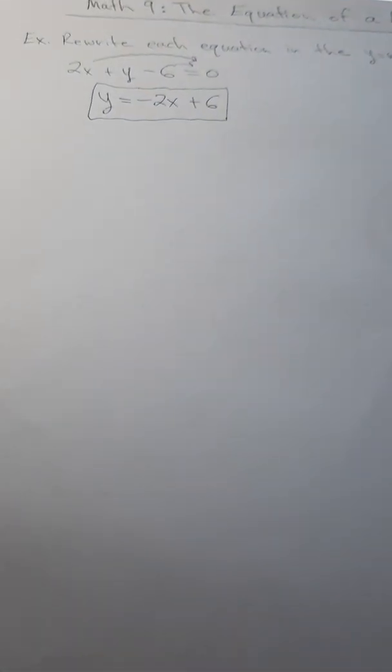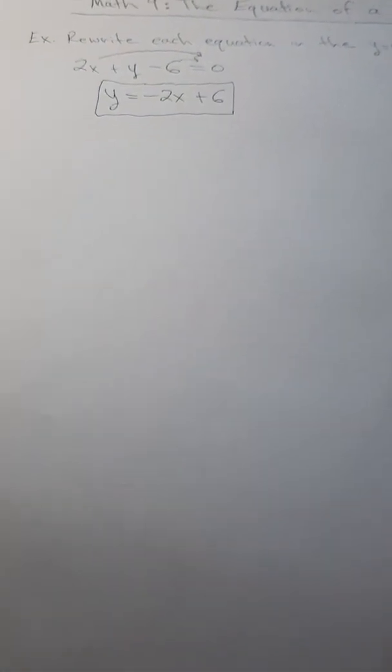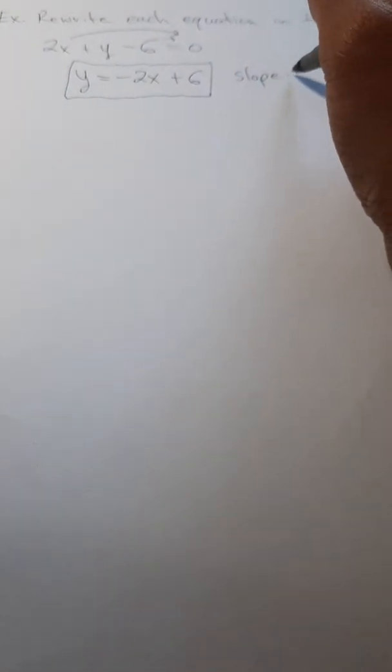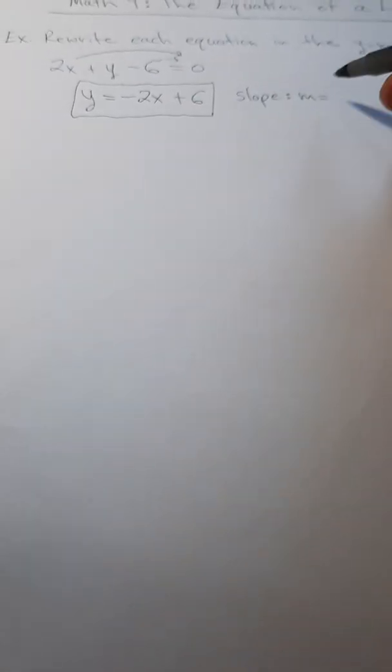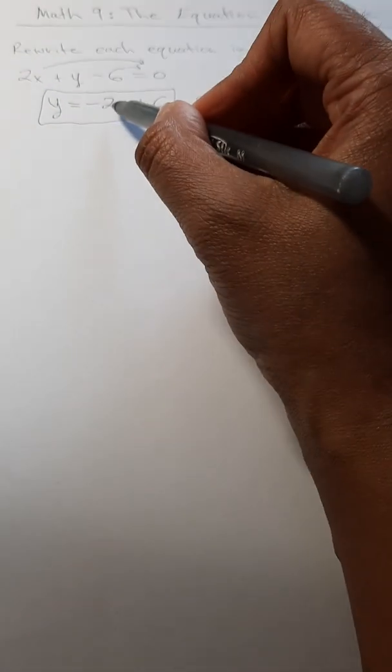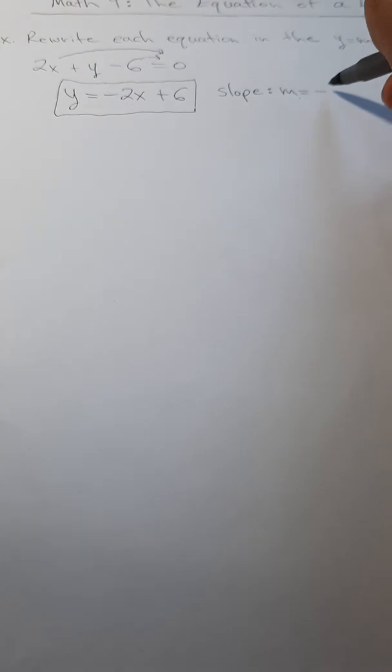It's in the y equals mx plus b form, or the slope-intercept form. The reason that you are changing the standard equations into the slope-intercept form is so you can actually denote what the slope is right away. When you denote the slope with a lowercase m, it's what's in front of the x. I see a negative 2.